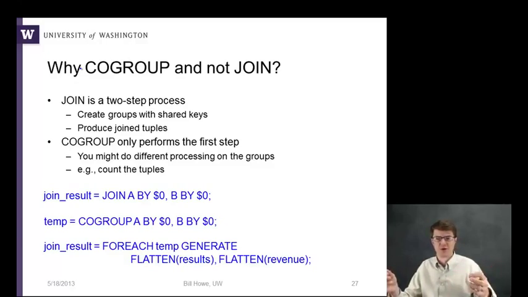So for example, if you want to cogroup and add up all the contributions from each relation, you can do that in a single step. You don't need to join the tuples first, then do another grouping afterward, which is something you would have to do in relational databases. So that's a chance to take what would be 2 MapReduce jobs and combine them into just one. And here, I guess the example is if you want to just count the tuples.